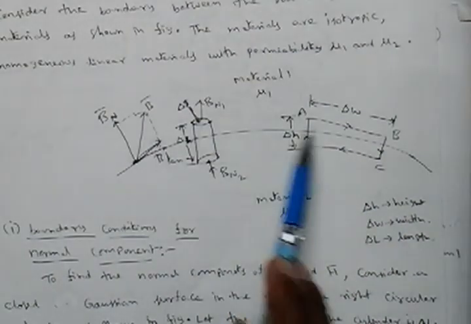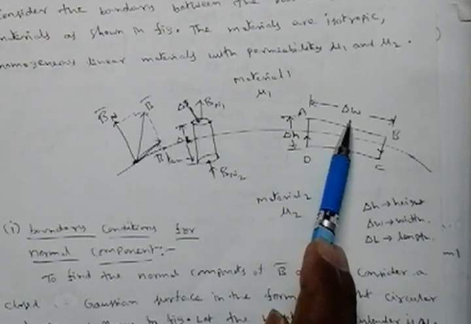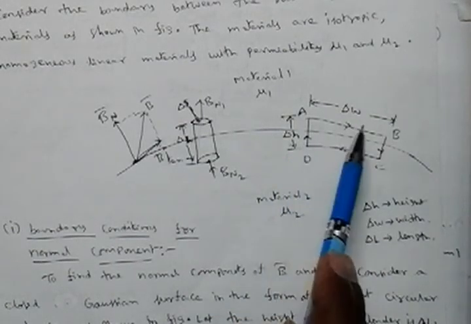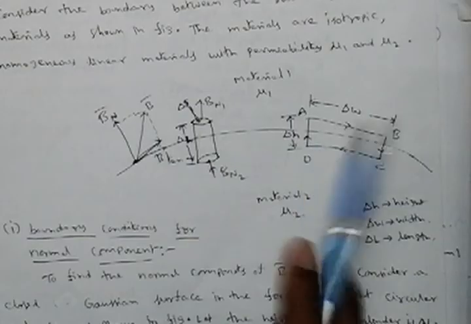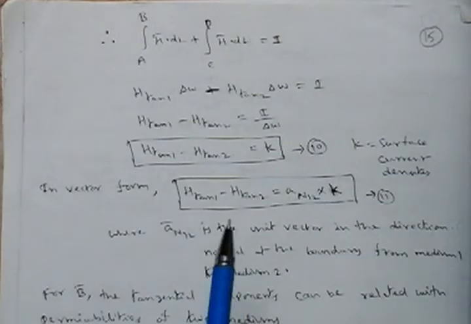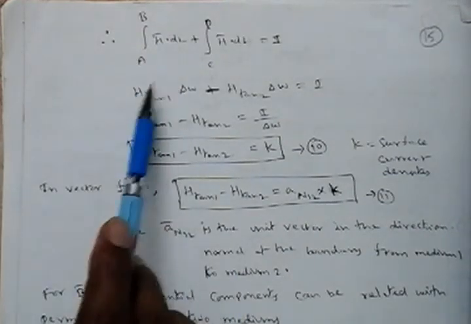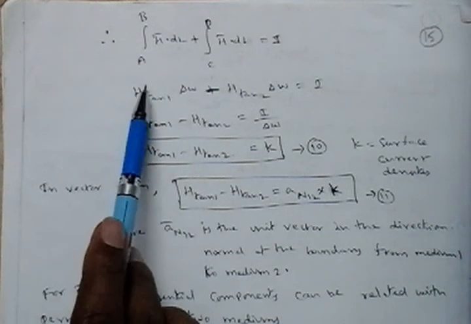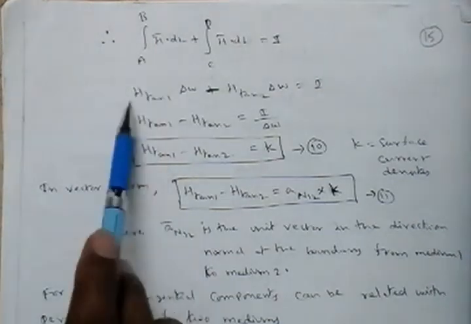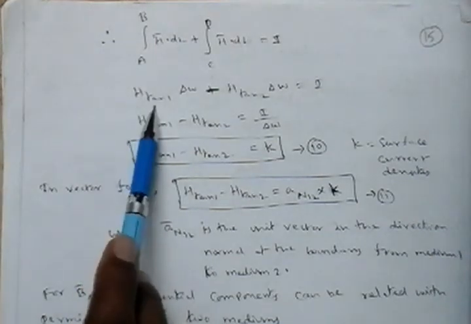So the integration of dl must be equal to delta W, the length of the path for AB. That's why in the integration of h bar dot dl, AB is in medium 1, so h is replaced by h tan 1, the tangential component.